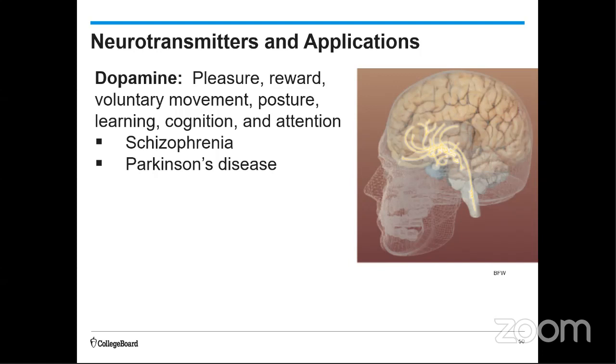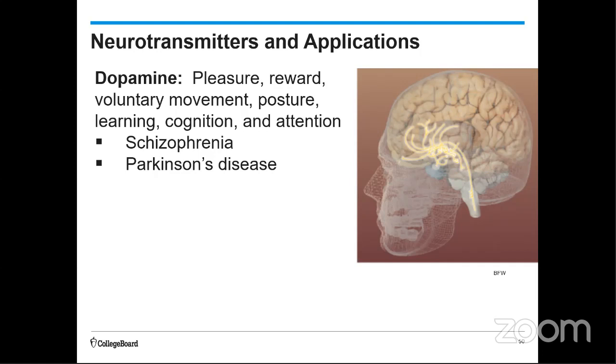Schizophrenia, which is a mental illness that involves serious disturbances in movement, cognition, and perception, is related to excess levels of dopamine. Schizophrenia medications are going to be antagonist drugs. I'm sorry, they work by reducing dopamine to reduce schizophrenic symptoms.